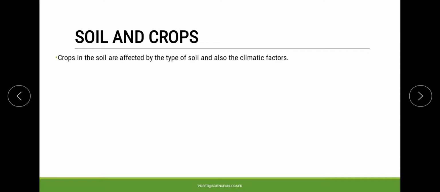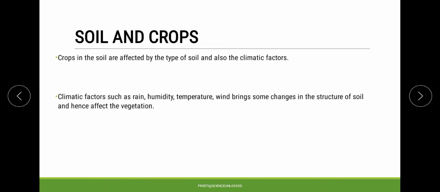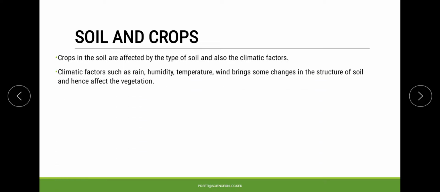Now the next aspect related with soil is that different sets of crops are produced in different kinds of soil. Here is a list of different crops and plants that we can observe in different kinds of soils. Obviously there are certain additional factors, such as rainfall, humidity, temperature, wind speed and such things.